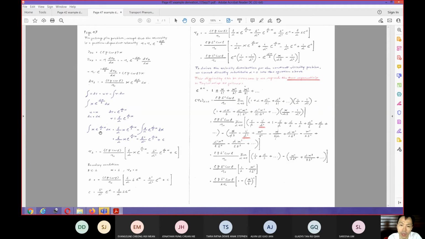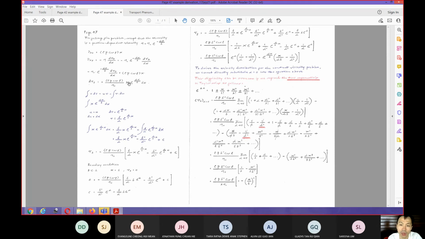So the integral of x e to the power of l over theta x dx will be equal to uv. You just multiply x by this term, minus the integral of v du. Then you can integrate these things and you will get these particular terms plus a constant.